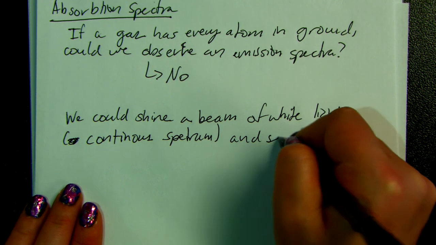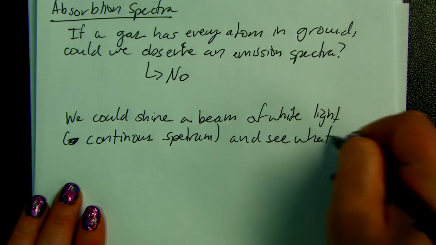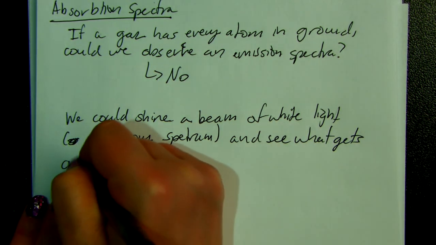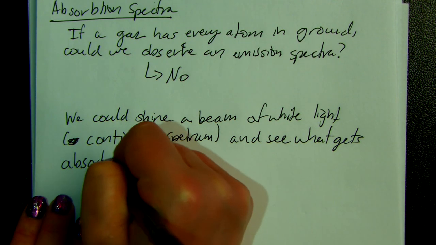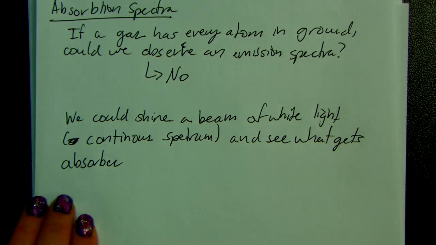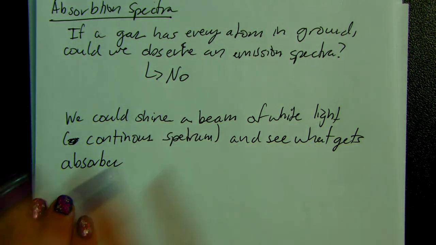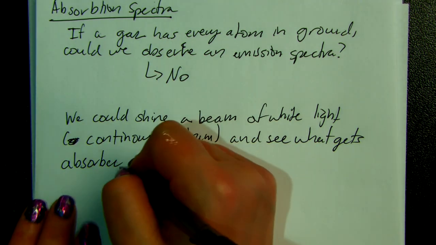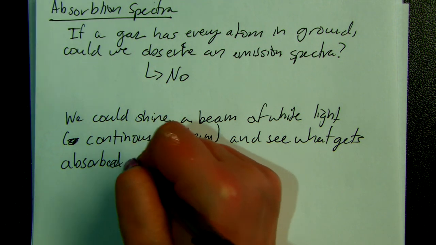And see what gets absorbed. Because we know that those atoms will absorb particular energies of light corresponding to their energy levels. They're allowed quantum discrete energy levels.